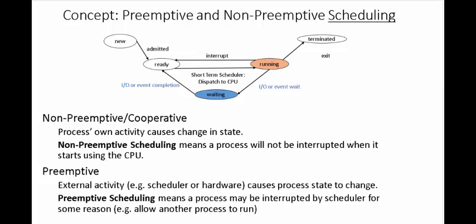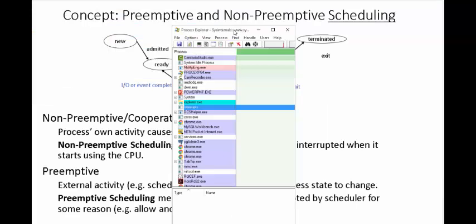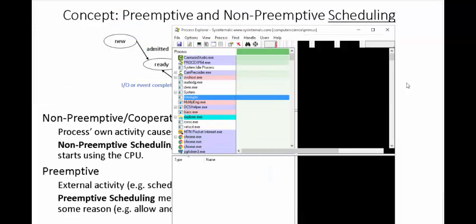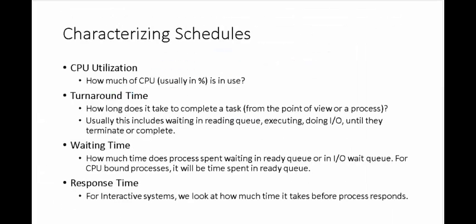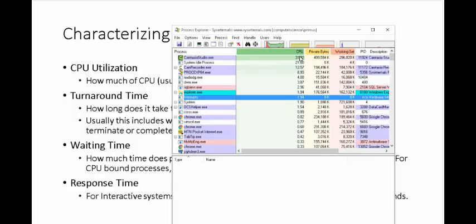Alright, so let's continue. So you should know if someone says something is preemptive or non-preemptive as a schedule. The other thing we're going to discuss is how we characterize schedules. So usually we talk about CPU utilization, and I believe you saw how the CPU is being used.